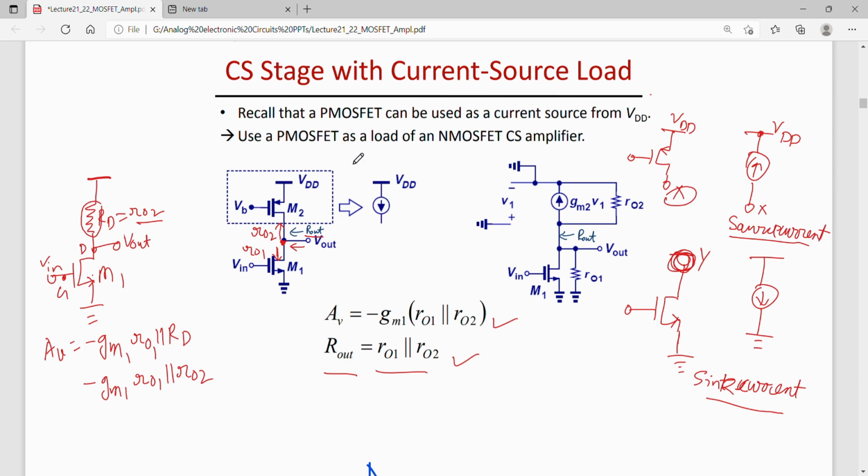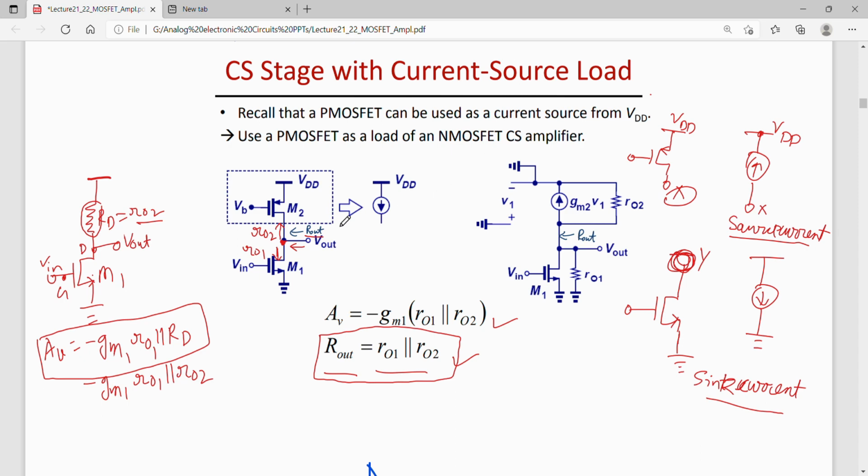So we understand that this circuit can be simplified by considering M2 as a load resistor, and then applying the same gain and output impedance equations that we have already learned for the common source amplifier to find out the gain and output impedance of this circuit.